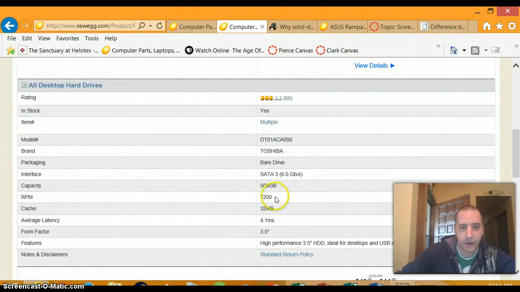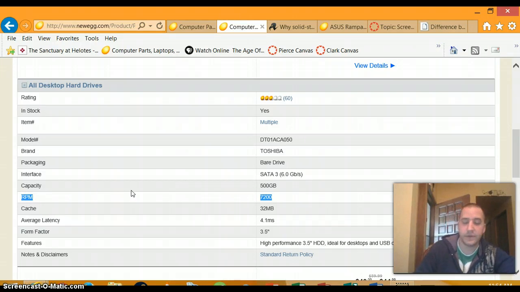The hard disk drive spins at the rate of 7,200 RPMs, and this also plays into its data transfer rate, or how much data can be transferred at one time to the processor. This is where those rates typically come into play for a hard disk drive.